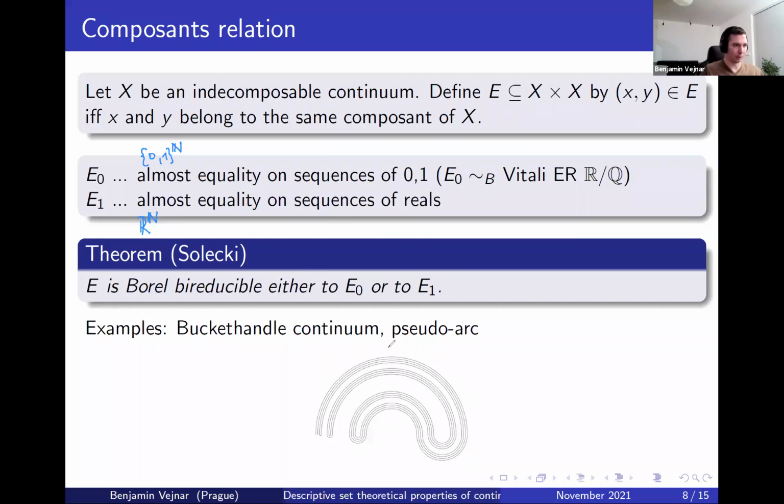We can, for example, consider this vertical cut of the bucket handle continuum. Of course, the intersection is a Cantor set. Here, actually, we intersect every composant of that continuum. And we can consider the equivalence relation of which points are in the same composant. So for example, all these points are in the same composant.